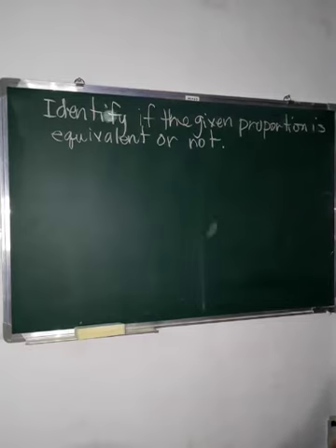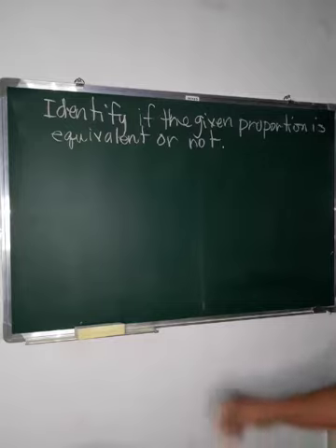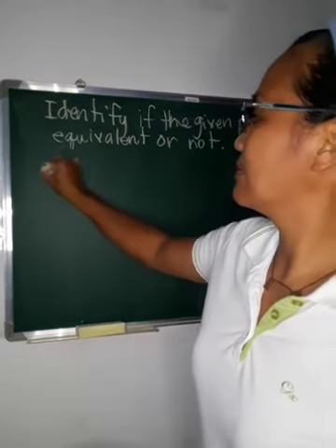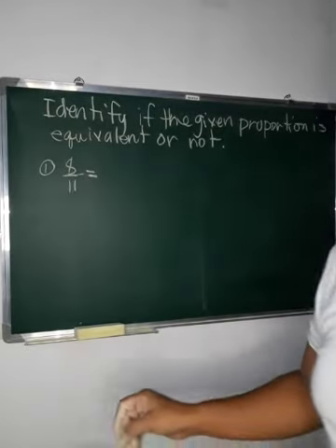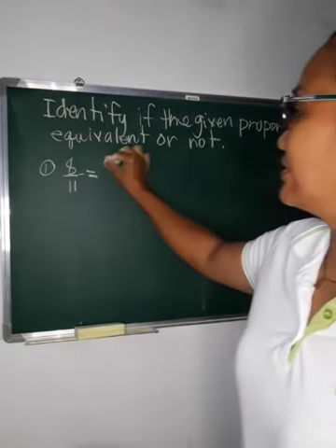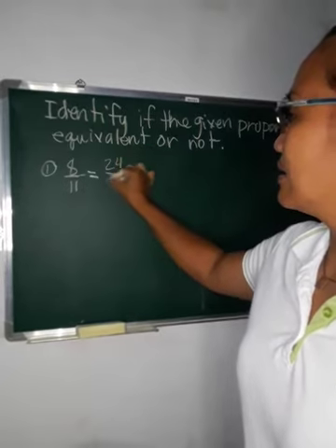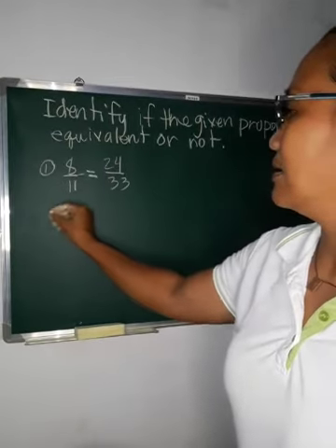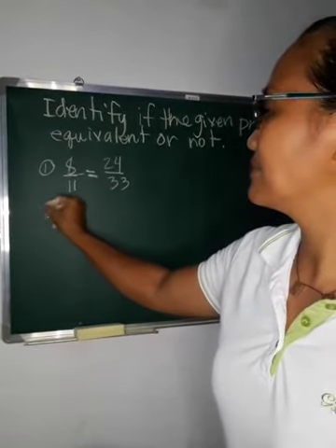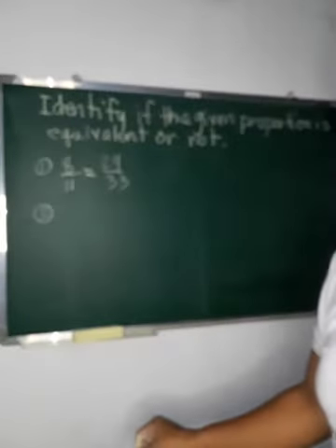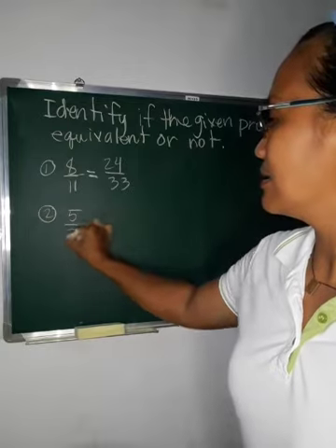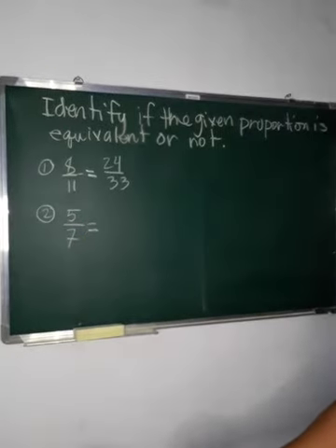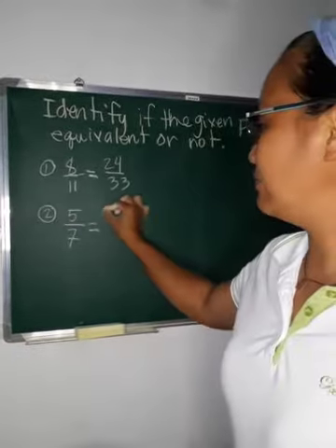Number 1, we have 8/11 and 24 over 33. Next, we have 5/7 and 35/42.